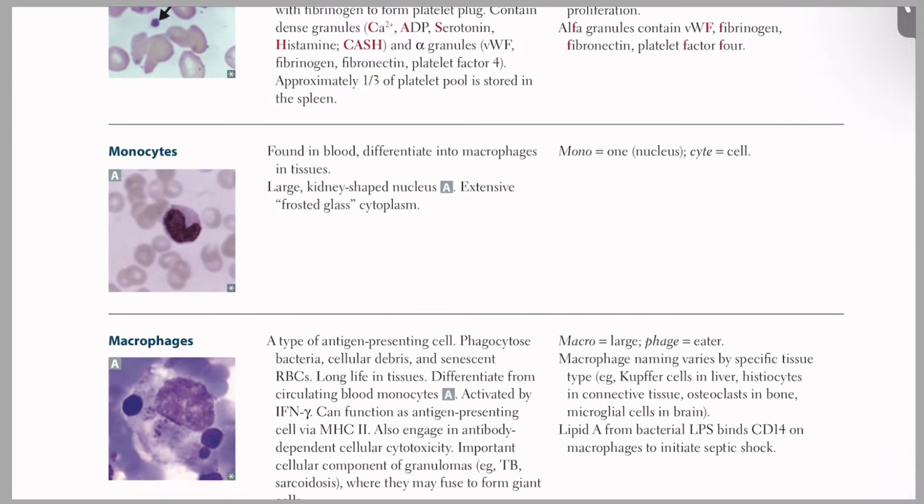Monocytes found in blood differentiate into macrophages in tissue. Mono means one nucleus, cyte means cell: large kidney shaped nucleus shown in image A. Extensive frosted glass cytoplasm.